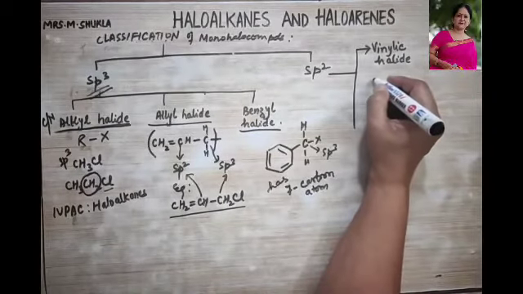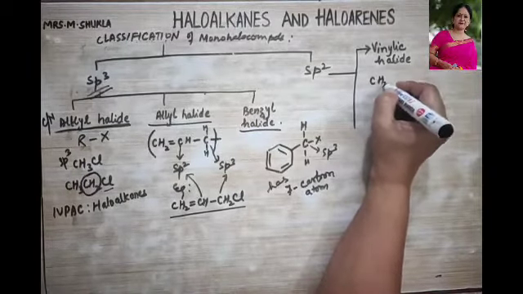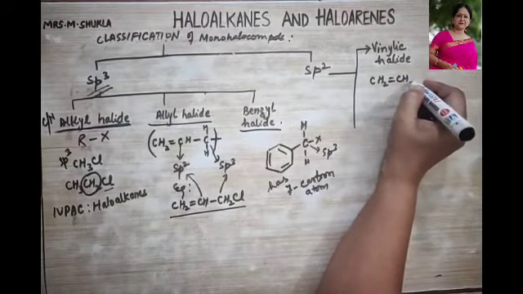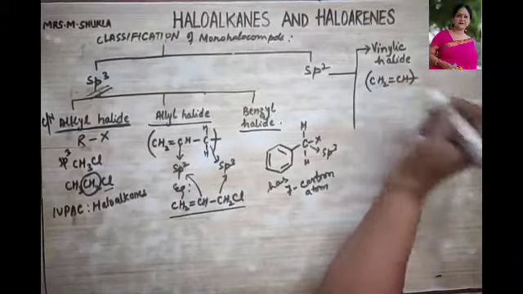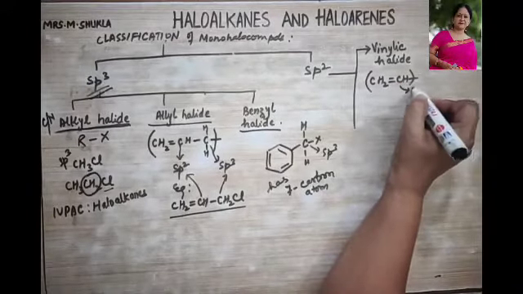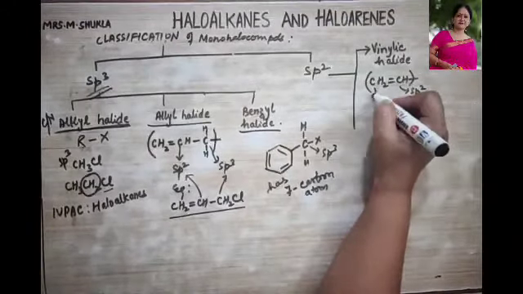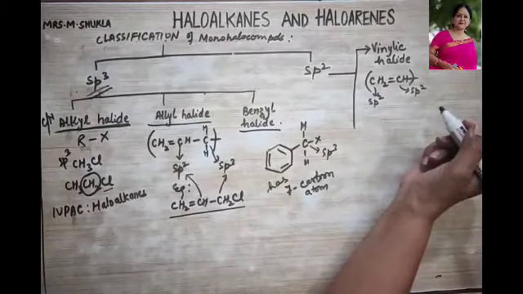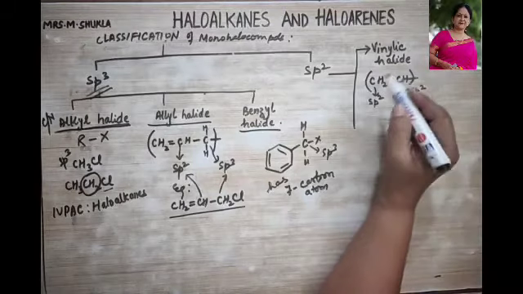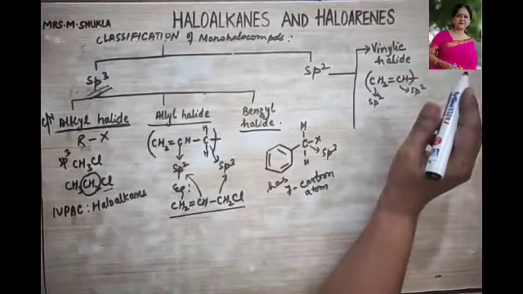Let us first look at the formula: CH2=CH-X, like this. This carbon shows Sp2 hybridization, and this carbon also shows Sp2 hybridization. So they are termed vinylic halide.